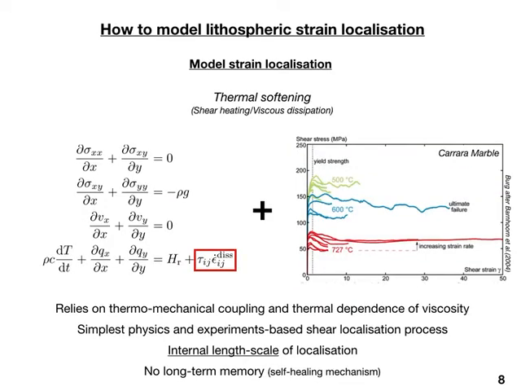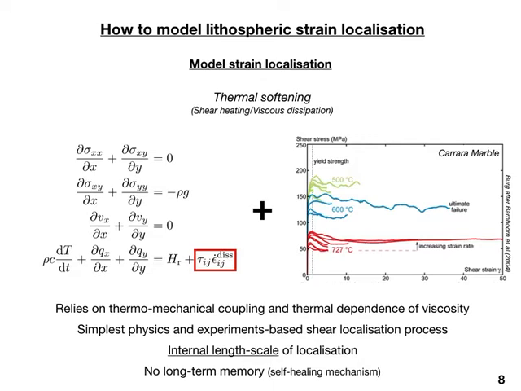The next strain localization process I want to discuss is thermal softening, shear heating or viscous dissipation basically. So this relies on the thermomechanical coupling and the thermal dependence of viscosity. So it's the simplest physics and experiments-based shear localization process. So you see on the left side, you have the governing equations.